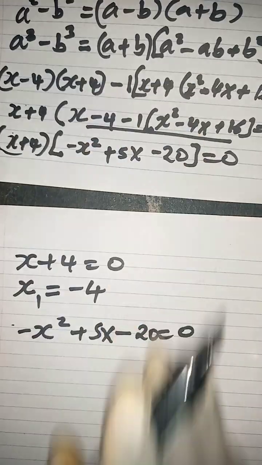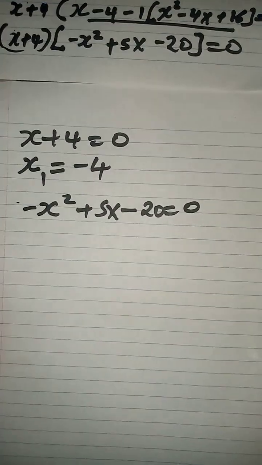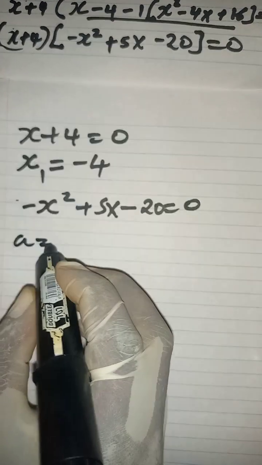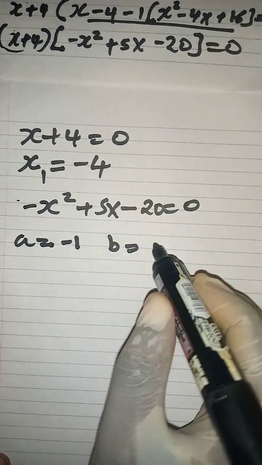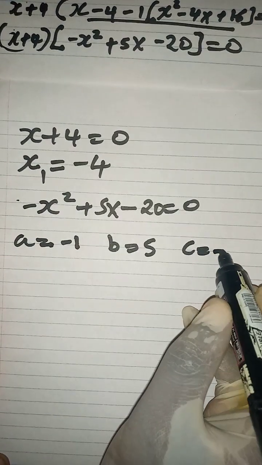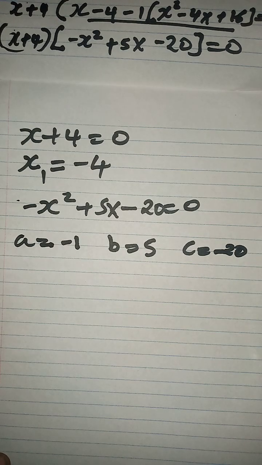Using the quadratic formula, I know that my a now becomes negative 1, b becomes 5, and c is negative 20.